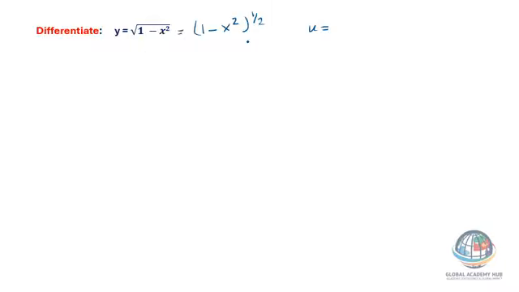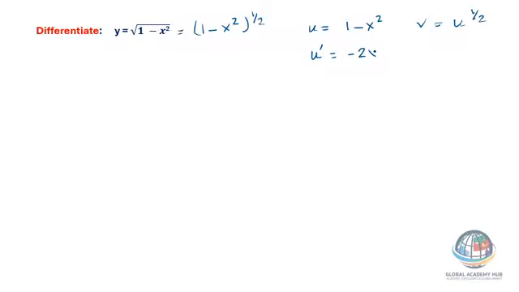So my inside function is going to be 1 minus x squared. Whereas my outside function is going to be just that, u raised to the 1/2 power. So what I'm going to do now is differentiate u, and that's going to give me minus 2. 2 comes to the front, 2 minus 1 to the first power.